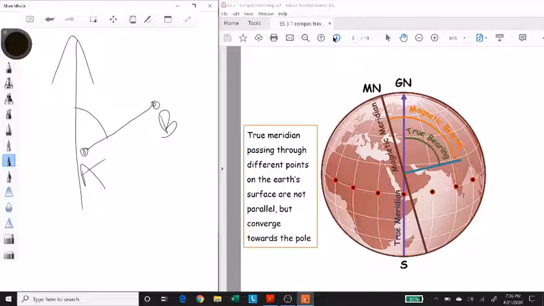The bearing that it gives would be the magnetic bearing, because like we have discussed, a freely suspended compass does not give you the true bearing, it gives you the magnetic bearing. Now, if somehow by applying corrections we can get the bearing from the true north, that would be called the azimuth of the line.